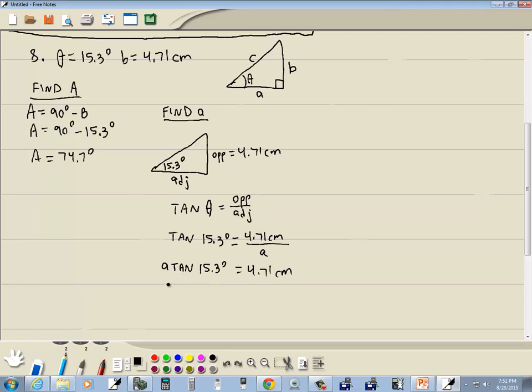And then we're trying to get A by itself, so we're going to divide both sides by tangent 15.3 degrees. Because remember, tangent 15.3 degrees is just simply a number. And so we'll get 4.71 centimeters over tangent 15.3 degrees. This tangent 15.3 degrees is going to cancel.